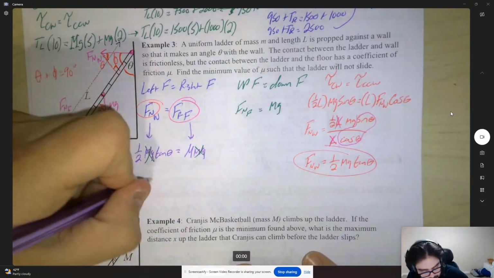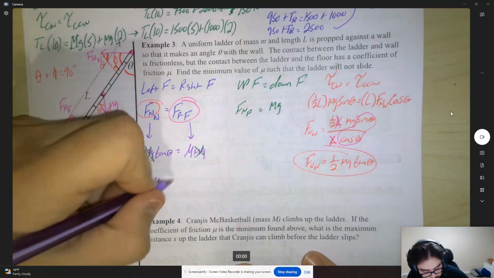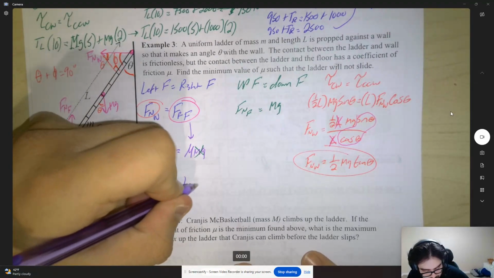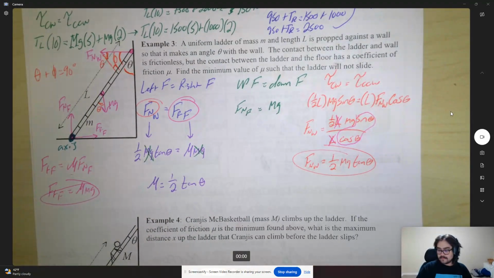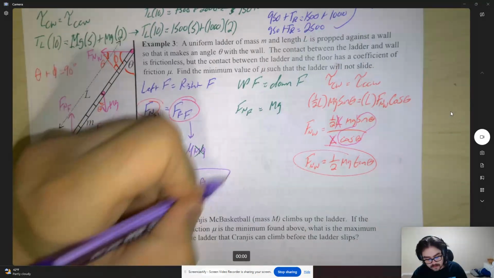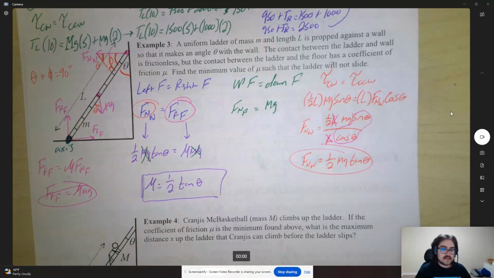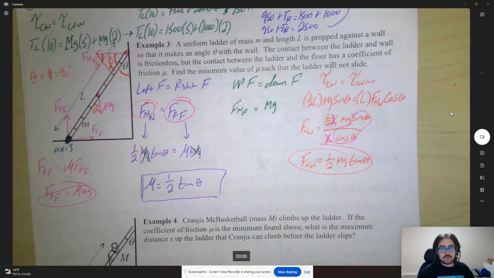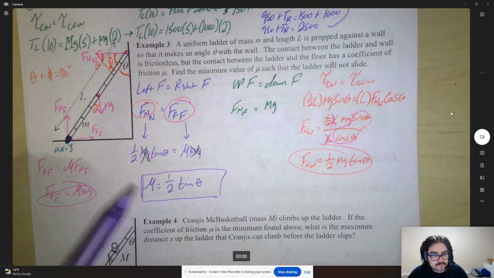And you end up getting an expression for mu, which is 1/2 tangent theta. I think when I lectured on this in class, I actually did extra steps to show more steps, but I think this gets you enough of the point.